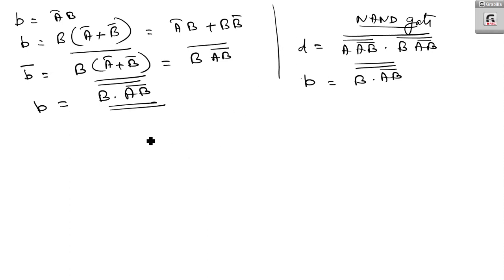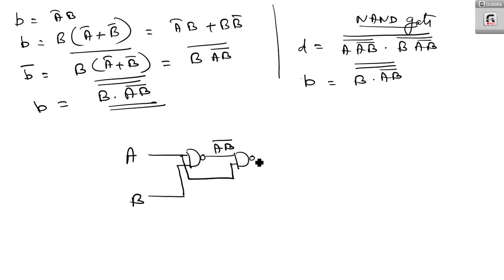So to realize it using NAND gate, you are having two inputs, A, B. First I will realize AB bar. So here I am having AB bar, then A dot AB bar. This is A dot AB bar the whole bar. Next one is B dot AB bar the whole bar.